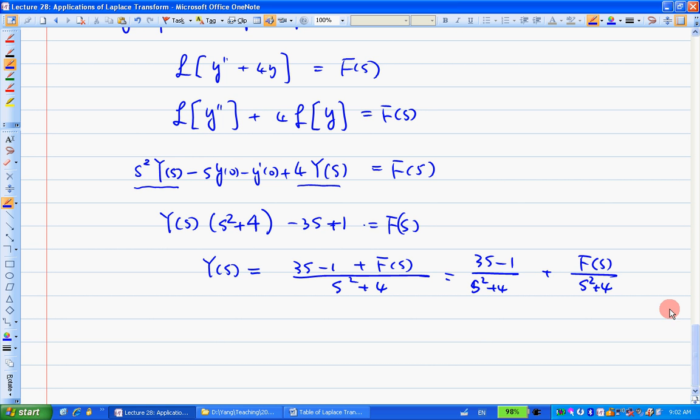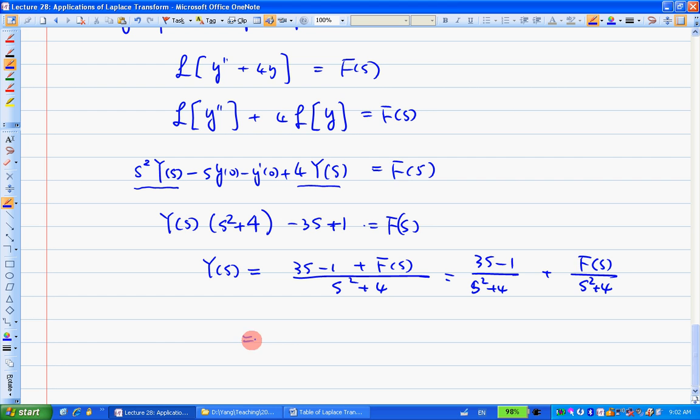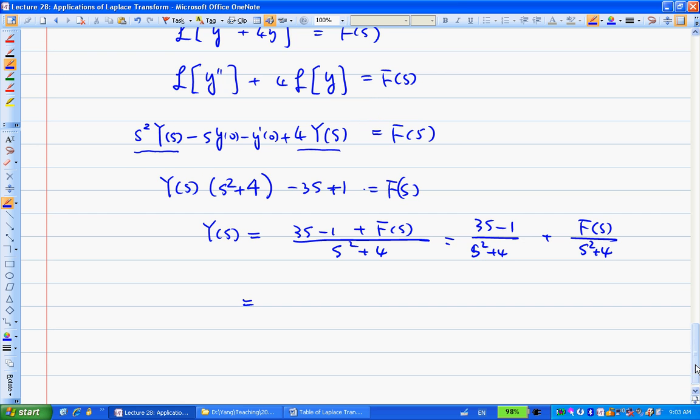Let's say suppose we're going to do this. Before we do that, let's do this. I'll still keep this one in here. For this part here, I'm going to break it into two parts. So 3s over s squared plus 4.